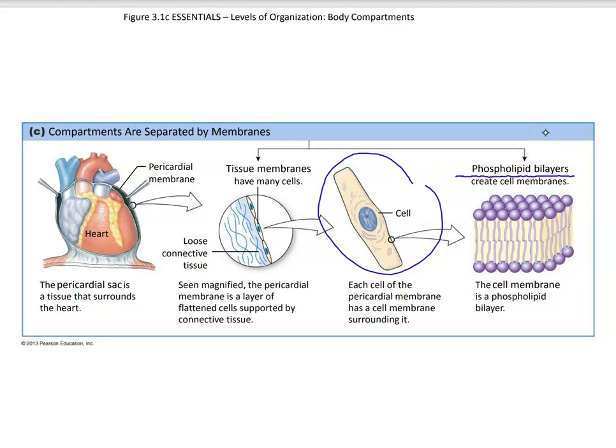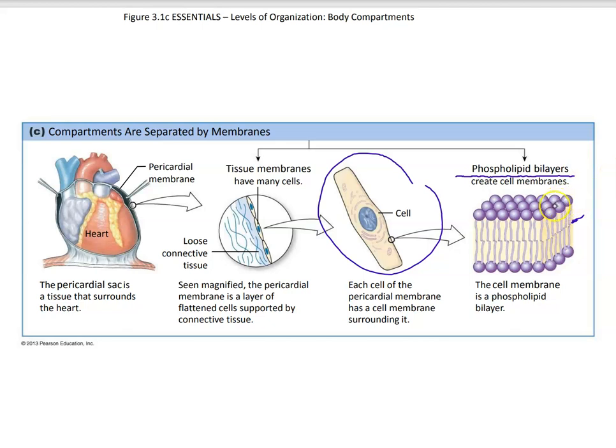So phospholipid bilayers, as we saw in a chemistry lecture, are made of phospholipids. They have this phosphate head group and these two fatty acid tails. And take a look at how the two fatty acid tails are facing one another. So you have this nice lipid barrier in the center right here. And then the phosphate head groups actually like to mix with water. So they're more hydrophilic.